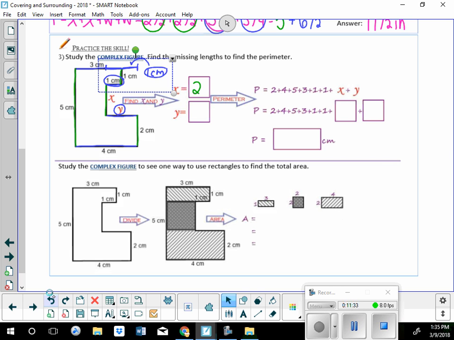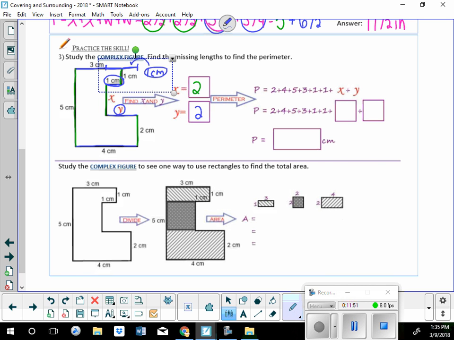Do you see how those are the same? So that means what is y? 2. Y is 2. Now I just told you that's one way that we might choose to solve this. It's definitely not the only way.